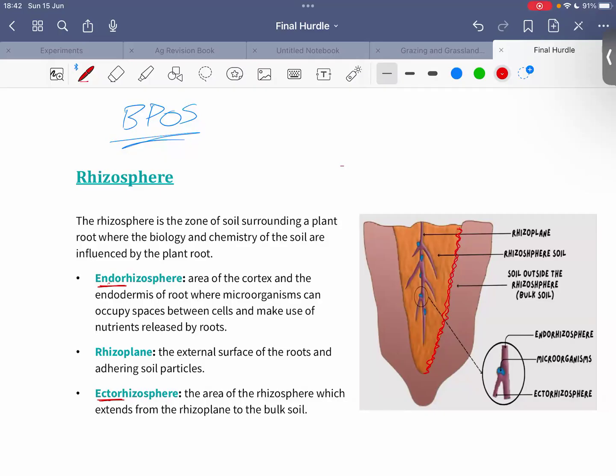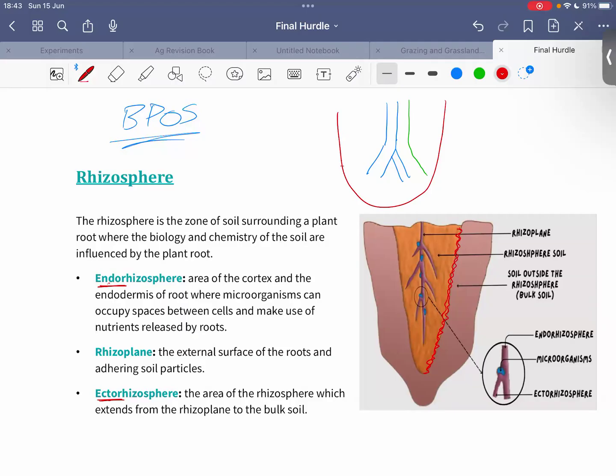Okay, so I got this diagram drawn. If I was trying to draw a diagram for you, I'd be drawing it something like this, we'll say this is the roots coming down. Okay, so we'd have another area sort of outside here, and then we're going to have our sort of actual rhizosphere.